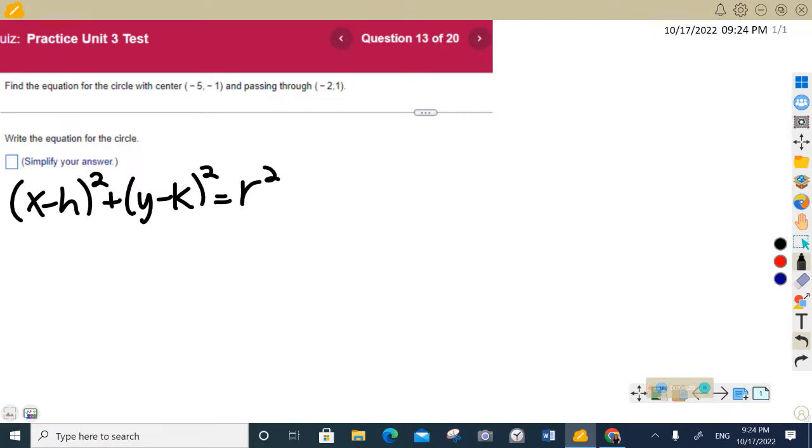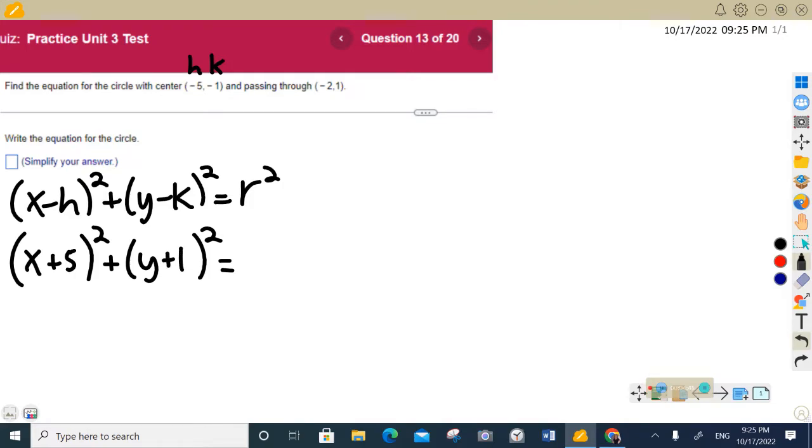Everything is squared even though it's a circle. So this is my h and k. You need to be very cautious because when you take something out of parentheses or put it in the parentheses on these problems, you change the signs. So h is negative 5, but we're going to put plus 5 over here with x. And y is negative 1, but we're going to put plus 1.